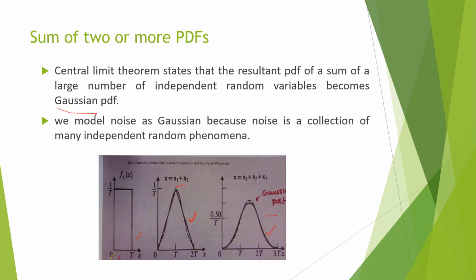In fact, we have a very important theorem known as the central limit theorem in random variables, which states that the resultant PDF of the sum of a large number of independent random variables becomes a Gaussian PDF. It is a very important observation.